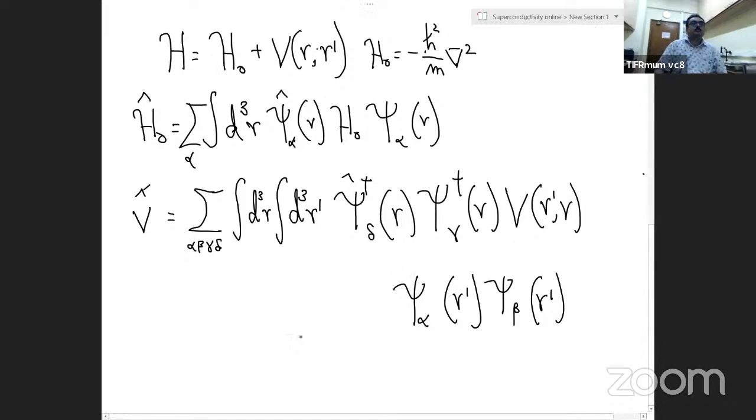All right. So a pair of particles which are interacting with each other in real space, that means this pair of particles is getting destroyed at position R1 and is getting created again at position R. Now, of course, I will need a model for V(R prime, R) if I have to proceed.